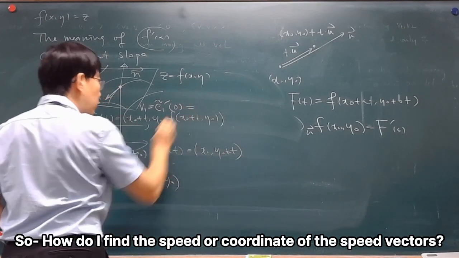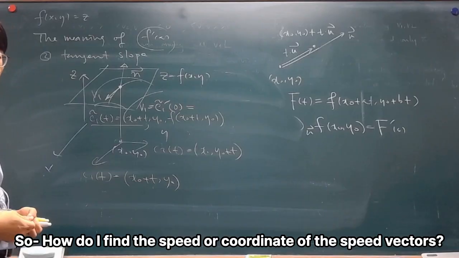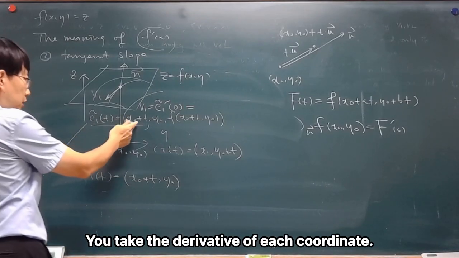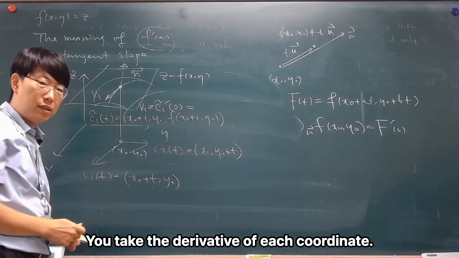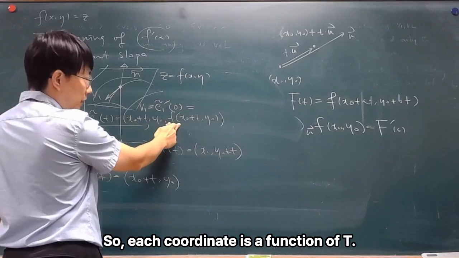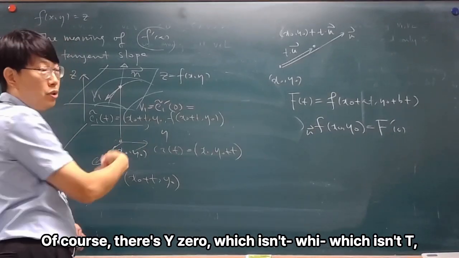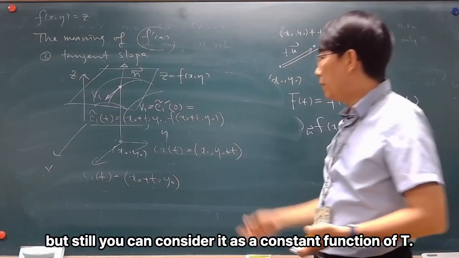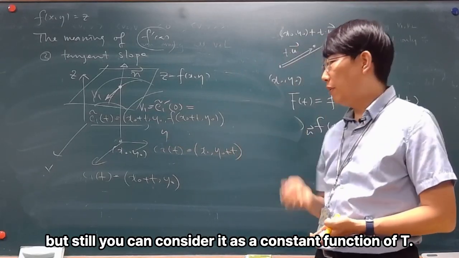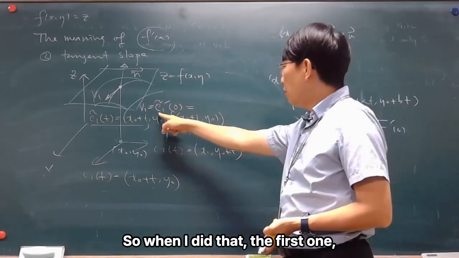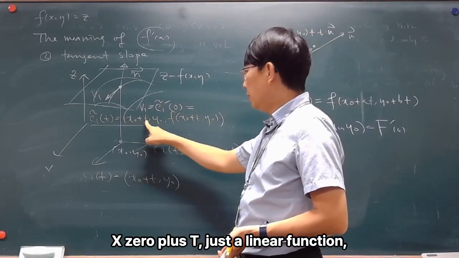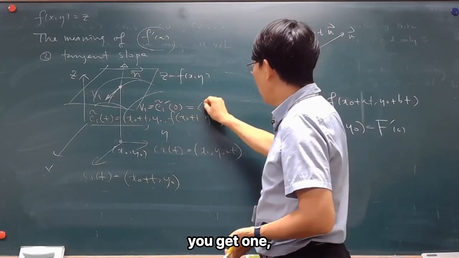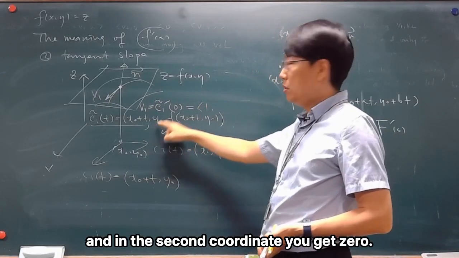How do I find the coordinates of the velocity vector? You take the derivative of each coordinate. Each coordinate is a function of t. Of course, there's y0, where t isn't present, but you can still consider it as a constant function of t. So the first one, x0 + t, is just a linear function, and you get 1. In the second coordinate, you get 0.